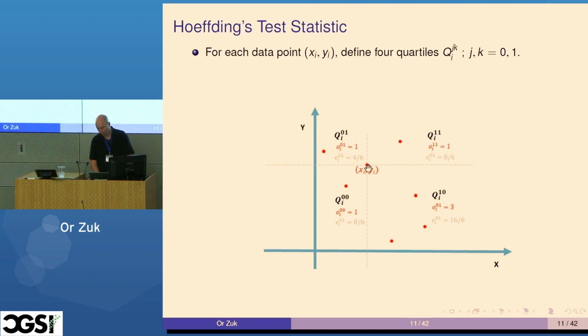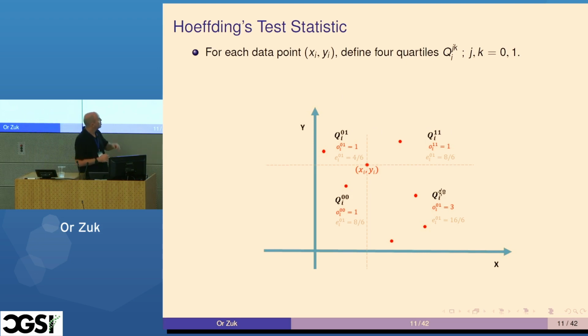We look at a grid of 4 different regions, and how do we determine the boundaries of the grid? We just take one of the data points. So here we have a data point. So we pass a vertical line here, a horizontal line here, and then we count here the number of observed points versus the number of expected, which will be the product of these two times these two. And we get a 2x2 table, we get a statistic.